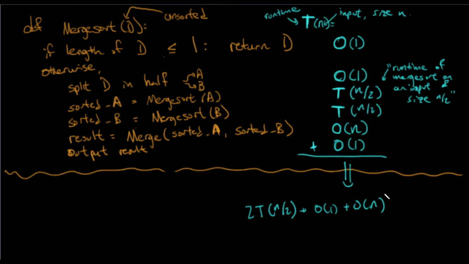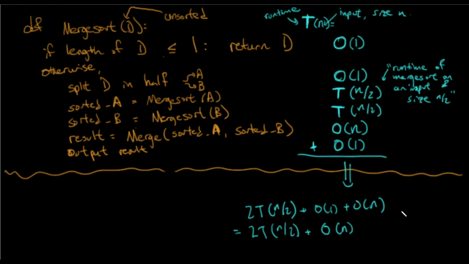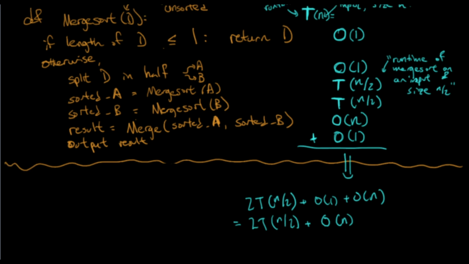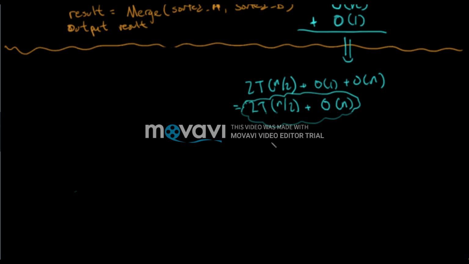And then I'm just going to write this down here. That is equal to, well, when you add a constant to an O of n, the O of n overtakes it. It grows asymptotically faster than the constant. And so this right here is our recurrence relation for merge sort.